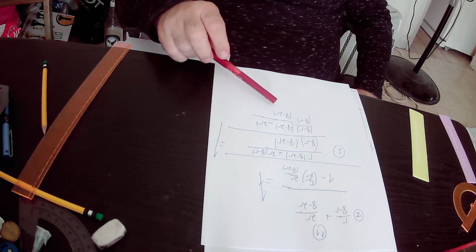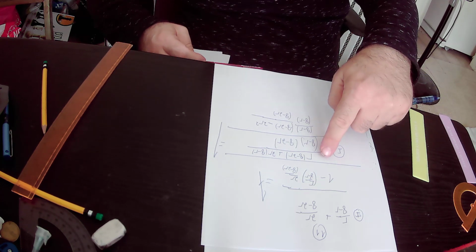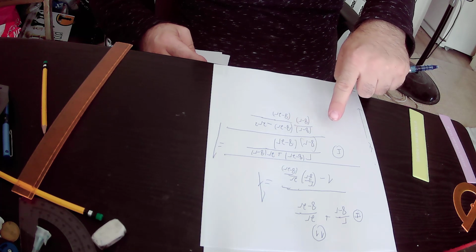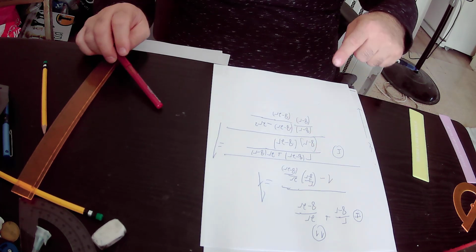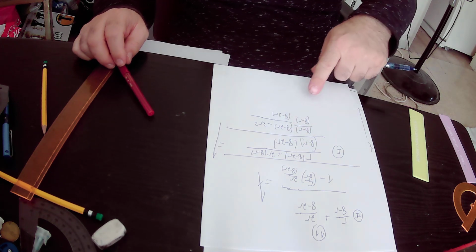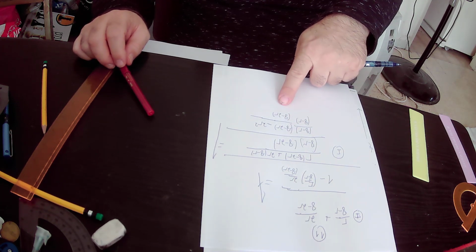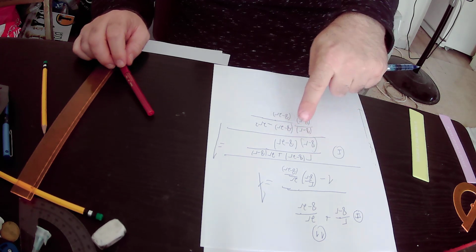Here we will have to move this expression to the numerator, and after we move this expression to the numerator, it will get cancelled with this expression, because it is actually 8 minus r times 8 minus 2r, and here we have also 8 minus r over 8 minus 2r.